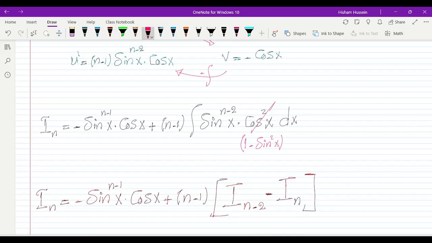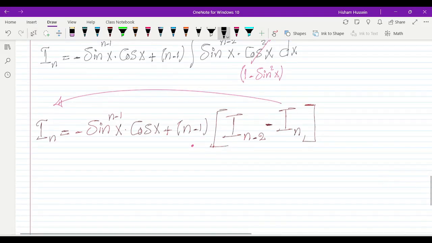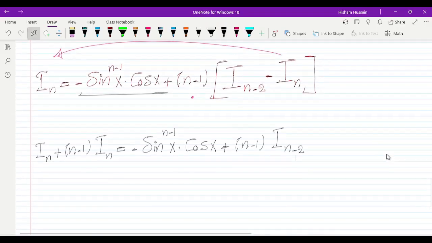So the next step, as we did before, switch this I_n with n minus 1 to the other side with a positive sign. So I_n plus n minus 1 I_n equals the first term, keep it as it is, negative sine to the power n minus 1 x times cosine x plus n minus 1 multiplied by I_n minus 2. So we can factor this on the left hand side.